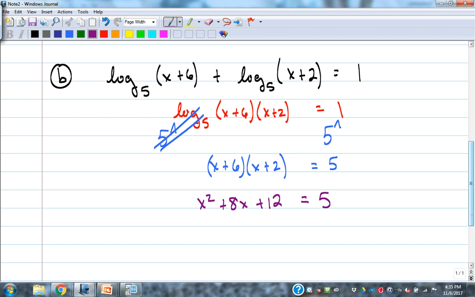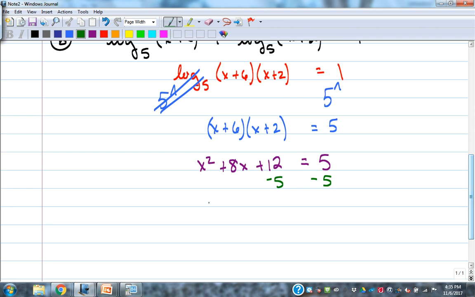If I'm going to solve a quadratic, what does it need to be equal to? 0. So move that 5 over. x squared plus 8x plus 7 equals 0. I've got a quadratic equal to 0. What are my options for solving that?